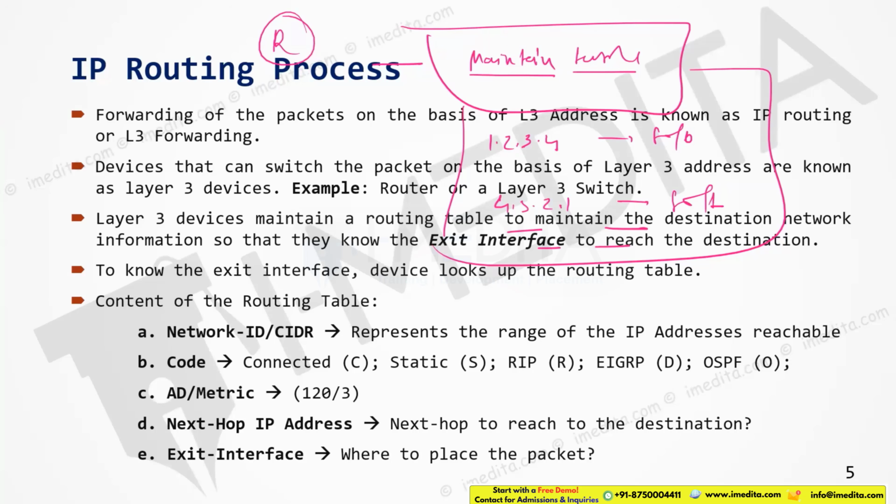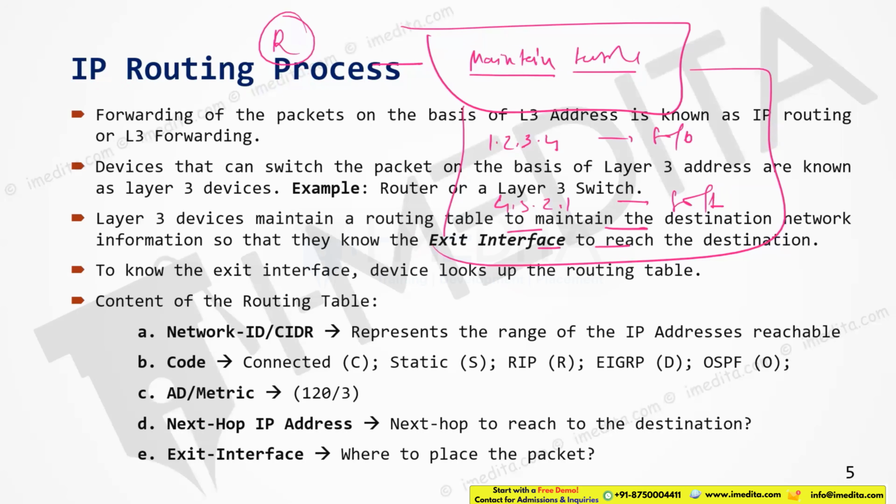In that table they have this information: if I want to forward the packet to this destination, here is the exit interface. And that table, by the way, is known as a routing table.